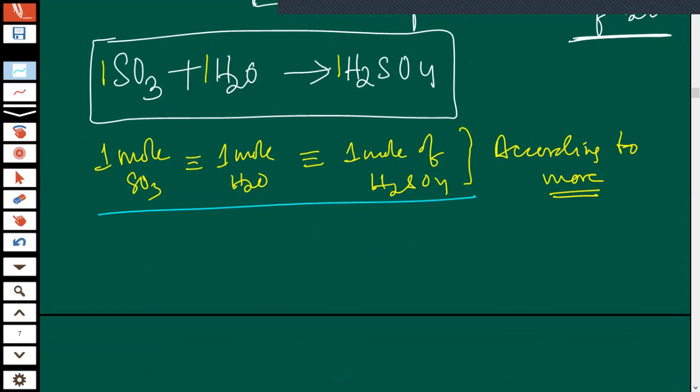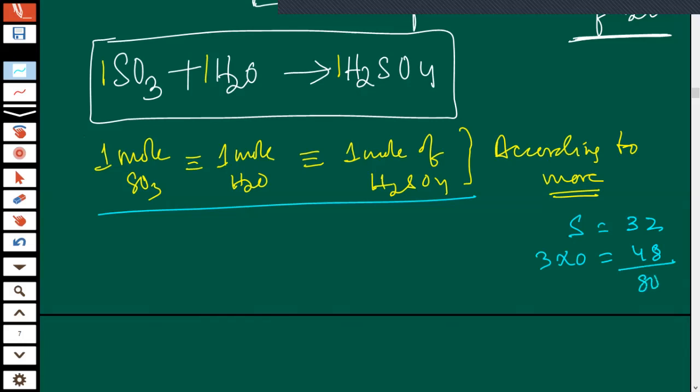Yes, we can. So tell me the weight of 1 mole of SO3. One sulfur and 3 oxygen. Sulfur is 32, oxygen is 16, 16 times 3 is 48.